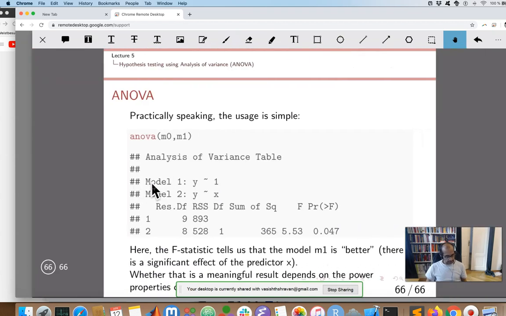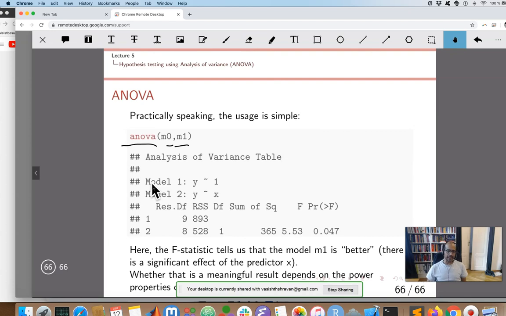Okay, all right, so all this drama actually boils down to not much in practice, because the actual statistical test that you're going to do will just involve using the ANOVA function with the null model and the alternative model.